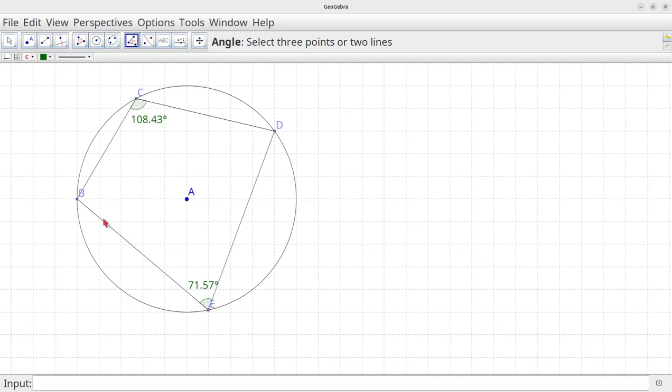Yes, these ones are opposite angles. Now angle B, it's 98.11, and then angle D, it's 81.89. If you add those two, still you are getting 180 degrees.